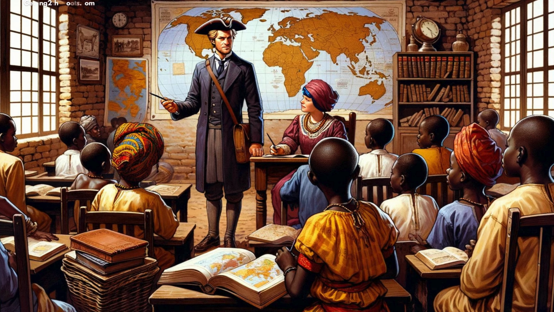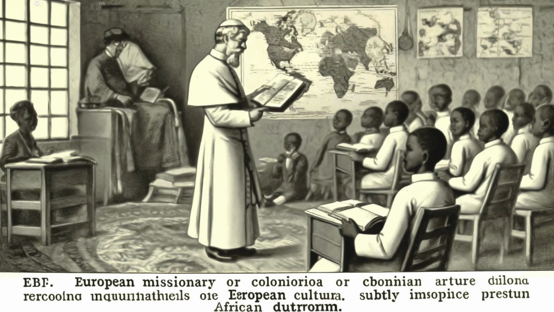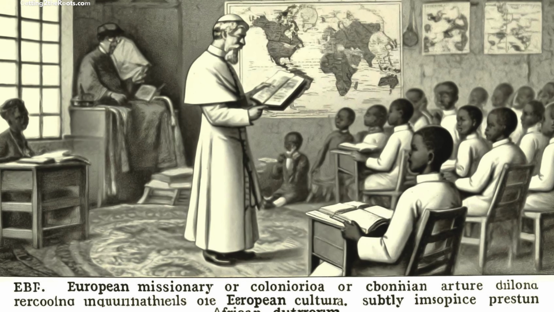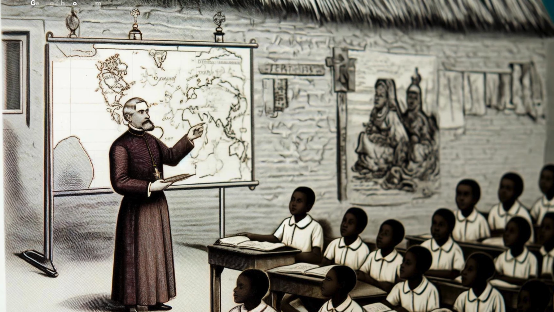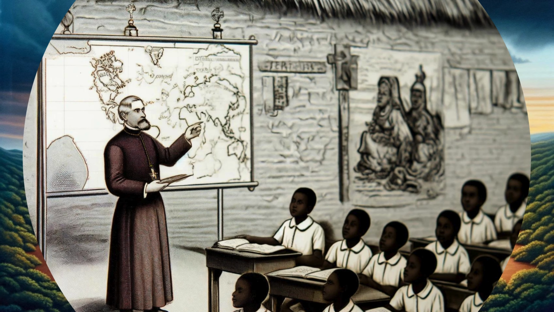This propaganda played a crucial role in shaping the perceptions of both the colonizers and the colonized. In Europe, such propaganda helped garner public and political support for colonization efforts, painting them as noble endeavors.